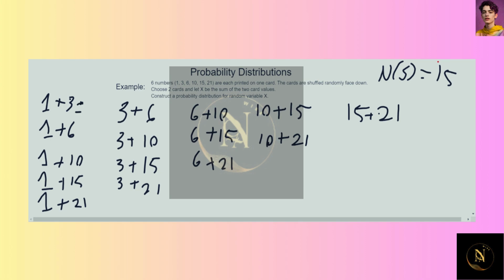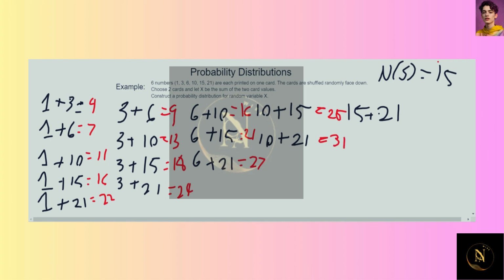And now we'll go ahead and add everything together. 4, 7, 11, 16, 22, 9, 13, 18, 24, 16, sorry, yep, 16, 21, 27, 25, 31, and finally we have our 36.